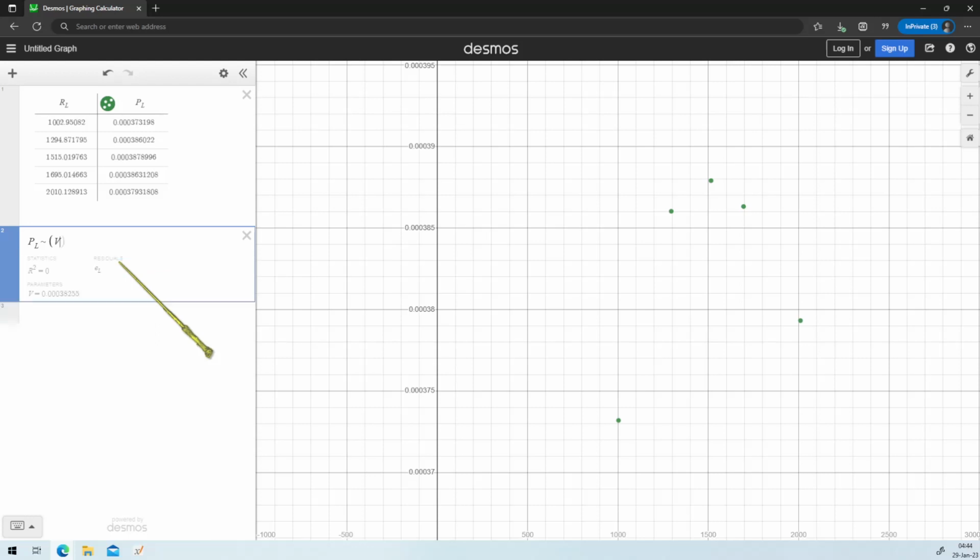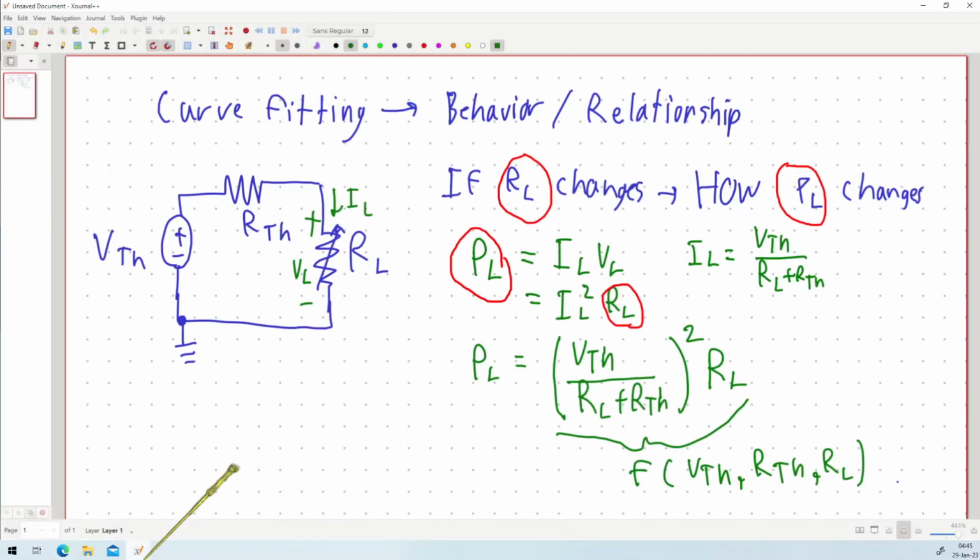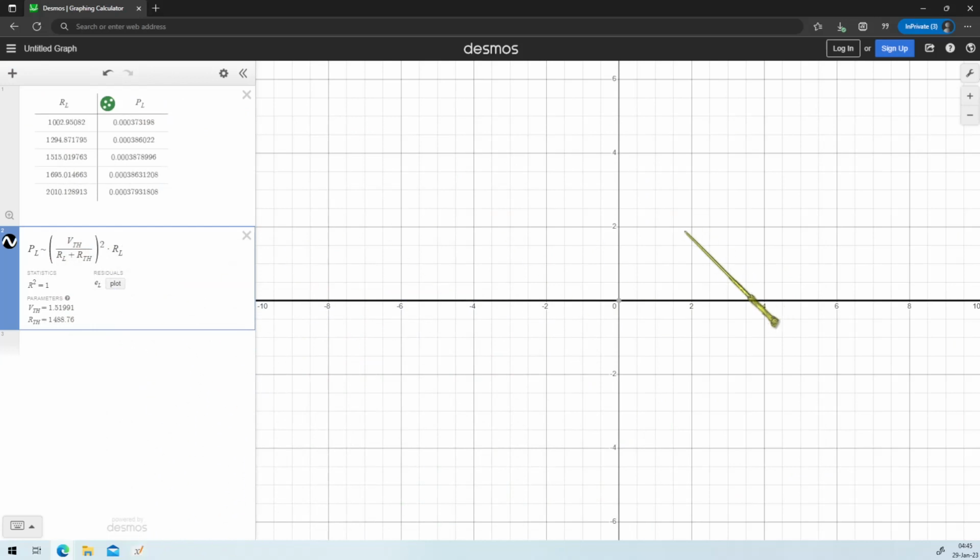And we have VTH divided by RL plus RTH, times RL. Then I think I forgot the square. Yes, this looks right to me.